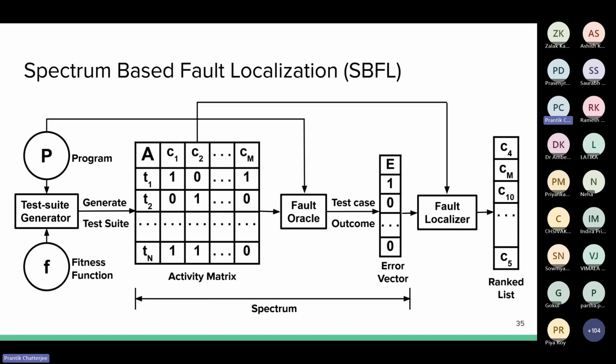Now, how does the spectrum-based fault localization approach work? To start off with, you have a test suite generator. The test suite generator takes as input a program and a fitness function. I'll come to the definition of this fitness function later. But essentially, you can assume that this test suite generator is a fuzzer.